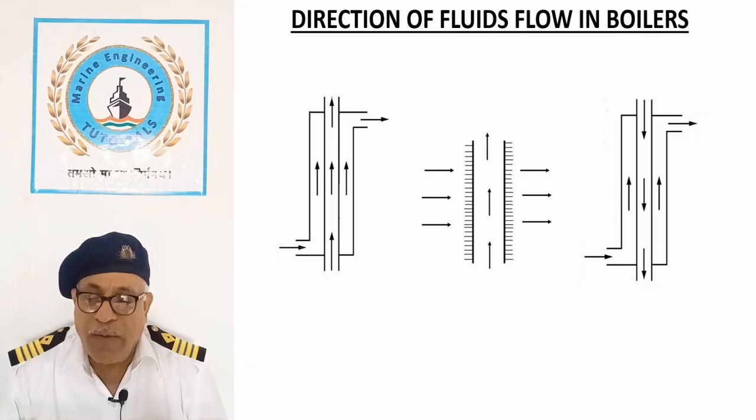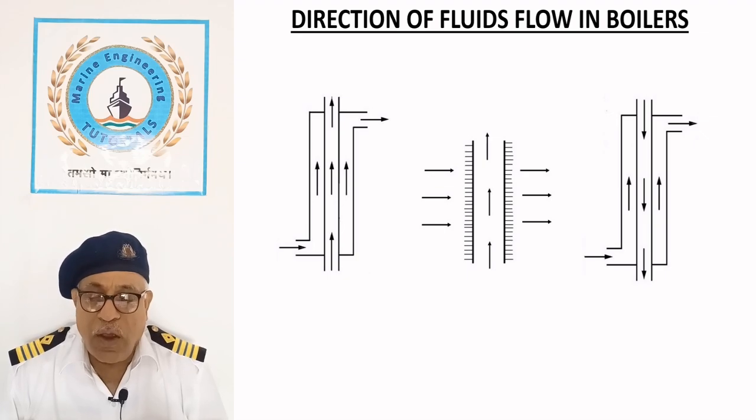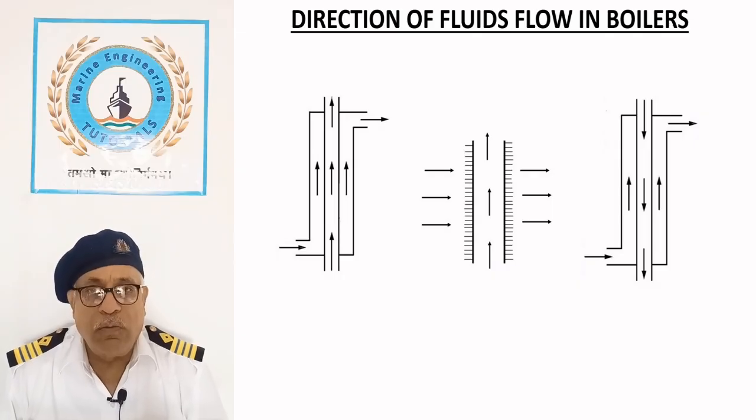Circular tubes are generally preferred in boilers because they provide maximum strength compared to other shapes, although they offer the least surface area for a given volume, whose value is 2 pi r L.